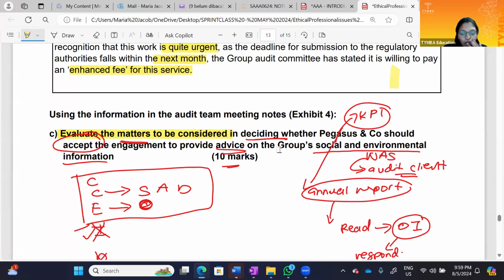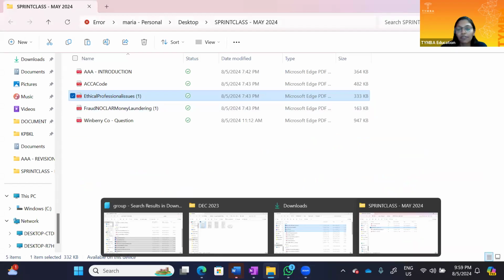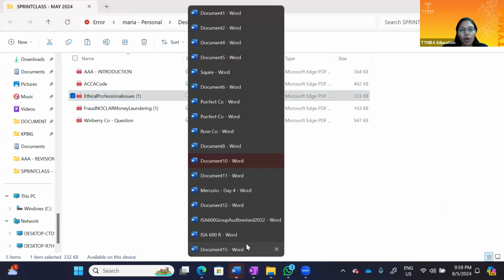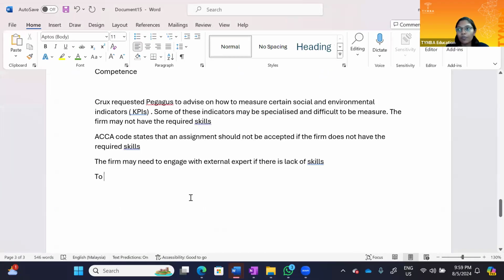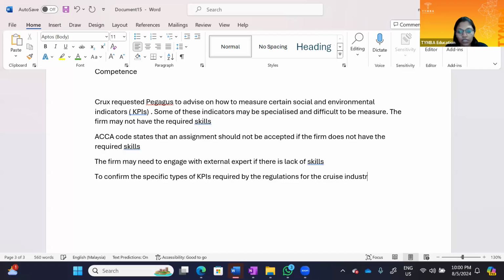Because we also need to show that I'm evaluating the matter, so I should say that, having considered this factor, what additional information I want. So, to confirm the specific types of KPIs required by the regulation, because they are doing it also for the regulation for the cruise industry.